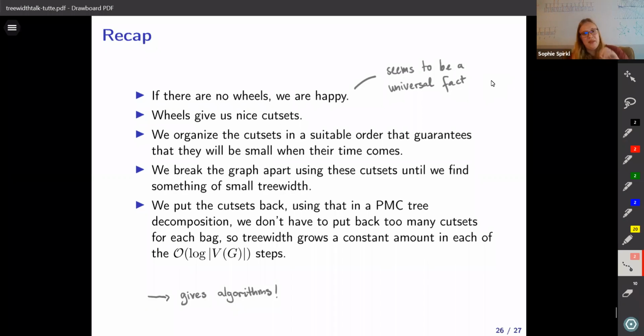Because if you have something that has running time constant to the Treewidth and the Treewidth is logarithmic, that's polynomial in the number of vertices. So this works for finding a maximum weight stable set in this class of graphs. It actually works for coloring because we have bounded average degree.